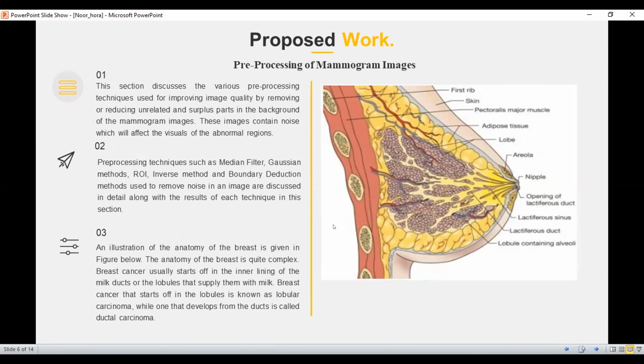The anatomy of the breast is quite complex. Breast cancer usually starts off in the lining of the milk ducts or the lobules that supply them with milk. A breast cancer that starts off in the lobules is known as lobular carcinoma, while one that develops from the duct is called ductal carcinoma.